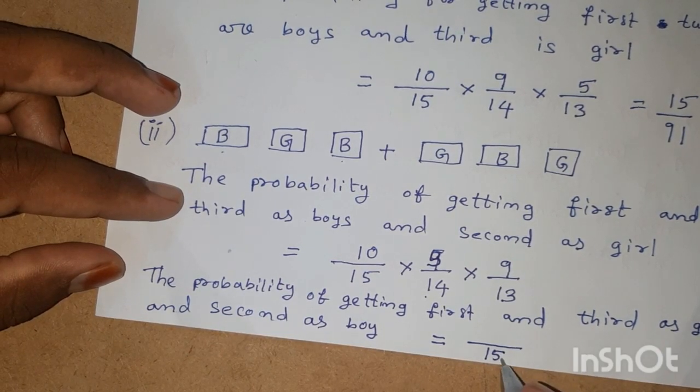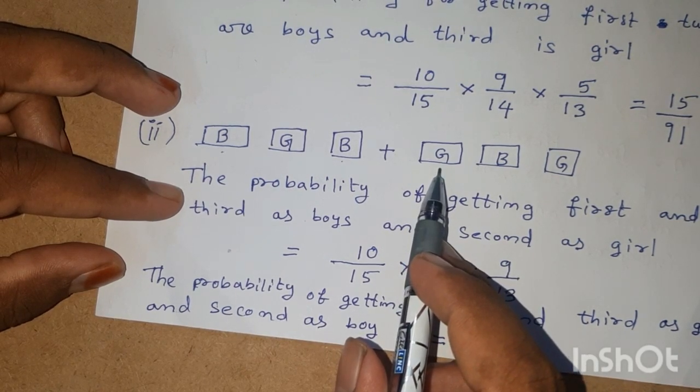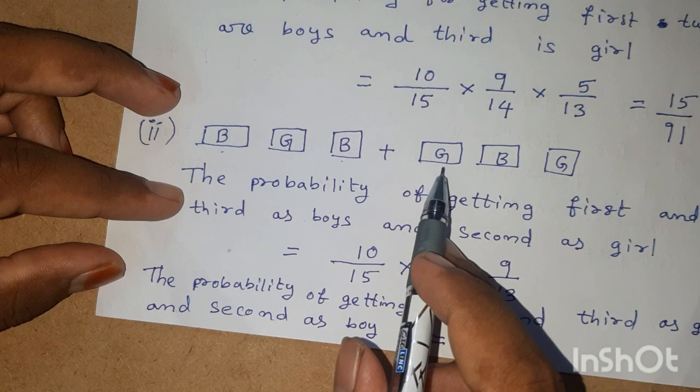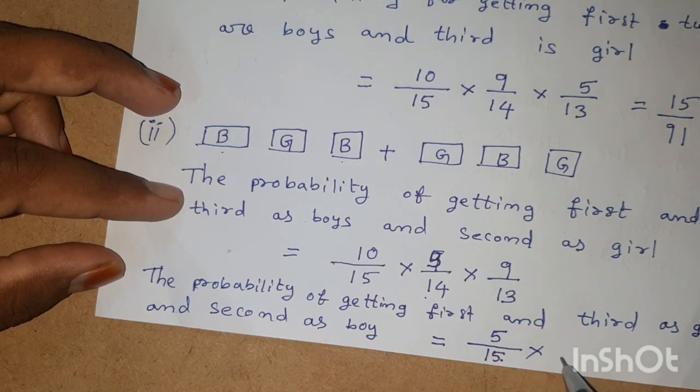Among these 15 students we have to select a girl. How many ways are there to choose this girl? 5 ways are there because there are 5 girls. Therefore, one girl is selected.